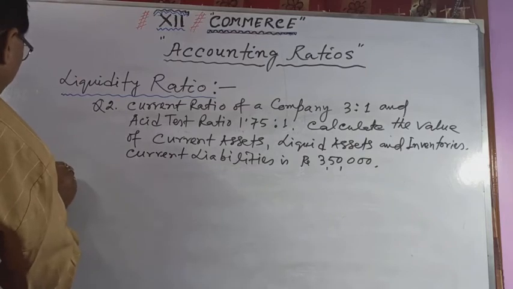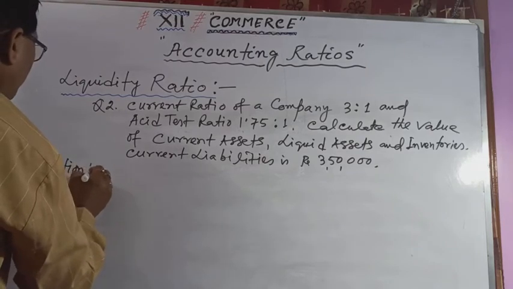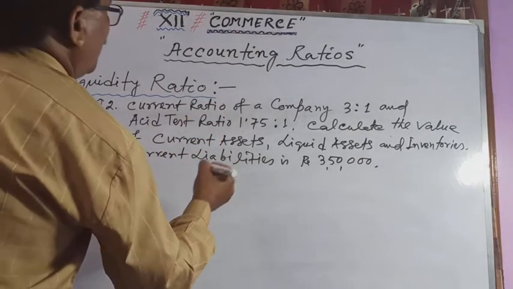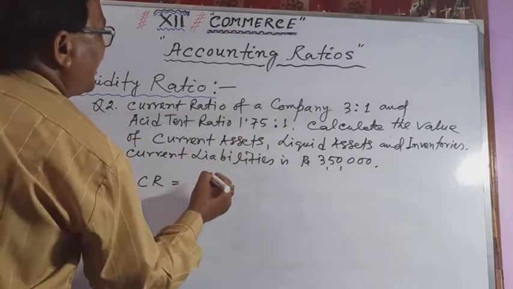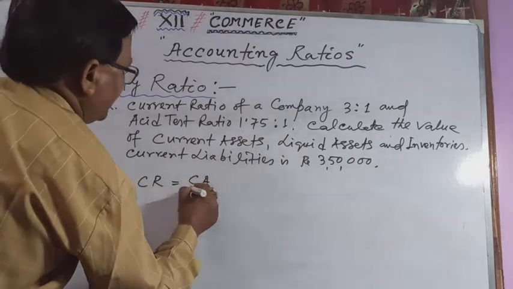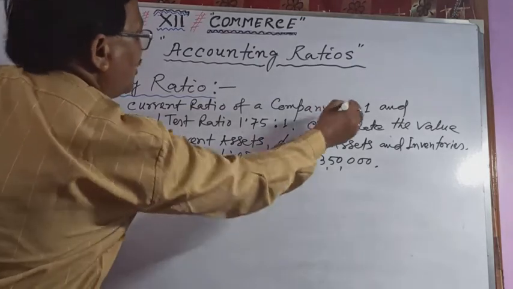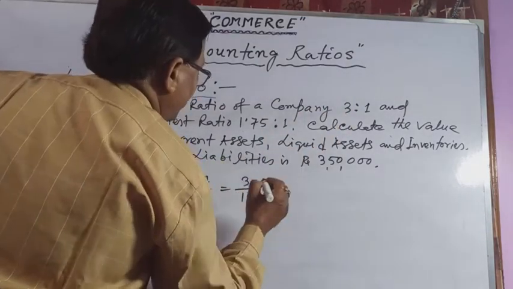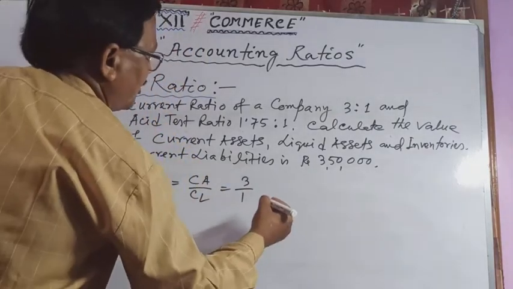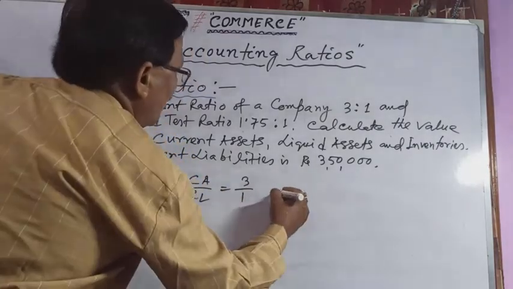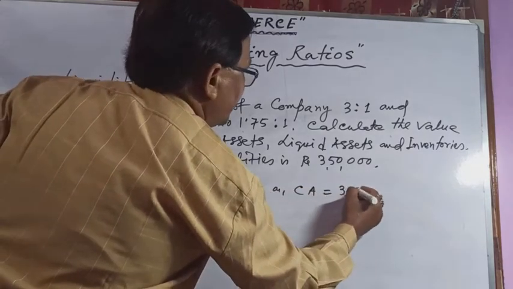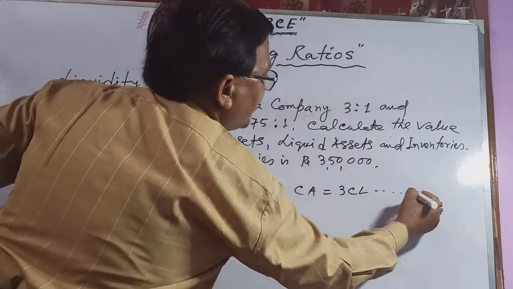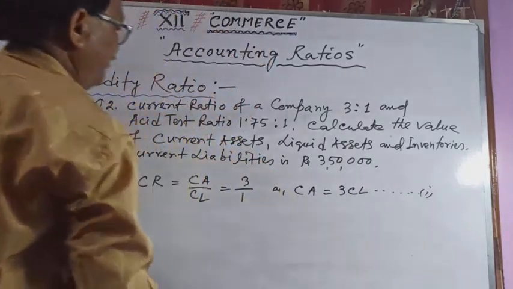Solutions. Current ratio, short form CR. CR given, that means CA by CL. This is equal to 3:1, that means 3/1. Just cross multiply, or we can say CA equal to 3CL. Let this be equation number 1.